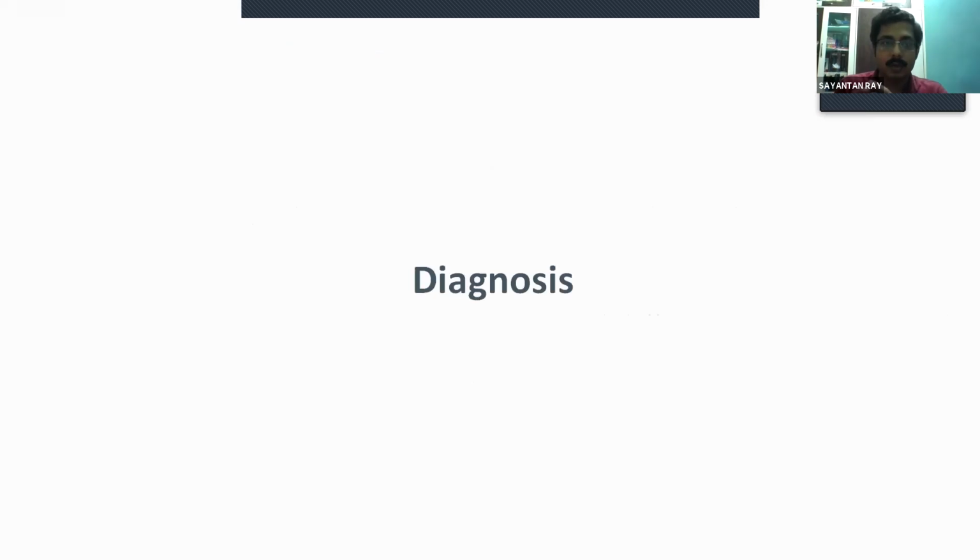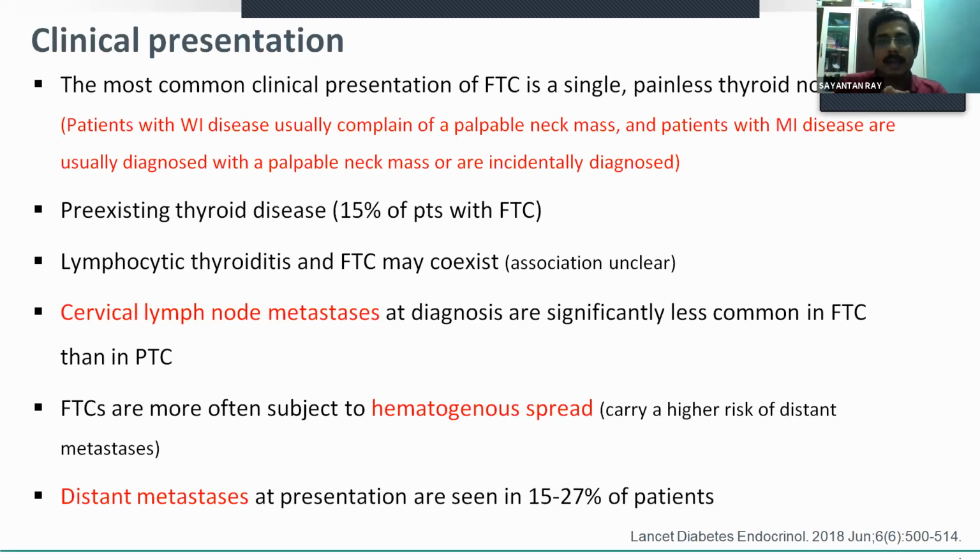So, coming to diagnosis. Regarding clinical presentation, the most common clinical presentation of follicular thyroid cancer is a single painless thyroid nodule. In clinical practice, patients with widely invasive disease usually present with a palpable neck mass, and patients with minimally invasive disease are usually diagnosed with either a palpable neck mass or often incidentally.